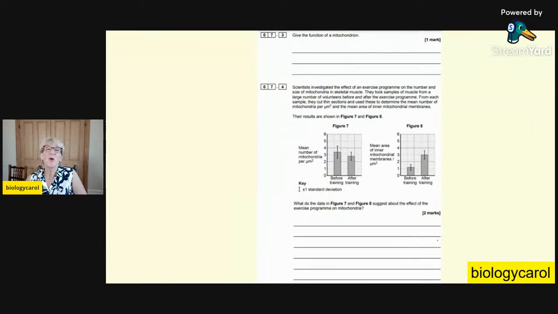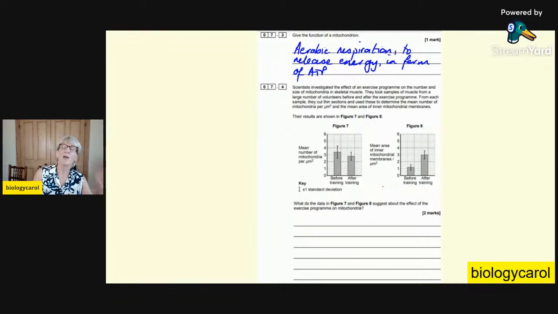Give a function of a mitochondrion. Well, aerobic respiration. You're going to learn about that with bells on in year 13, but at AS level, you should know that it is aerobic respiration. To release energy, you can never ever say that energy is produced or made, because it is not a chemical thing.